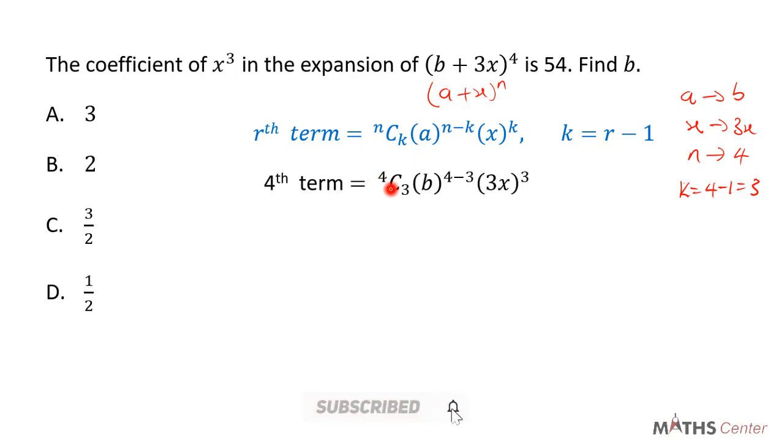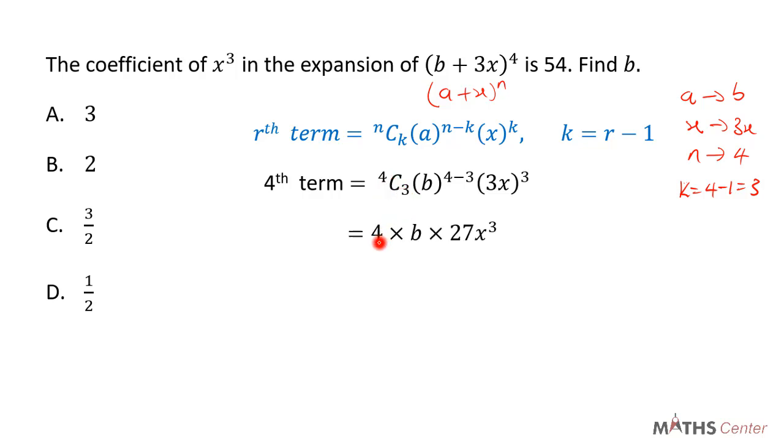When we do that, the fourth term will be 4 combination 3, because n is 4 and k is 3. a, which is the first term, is b, so b exponent n minus k, which is 4 minus 3. x, which is the second term, is 3x, so 3x exponent 3.